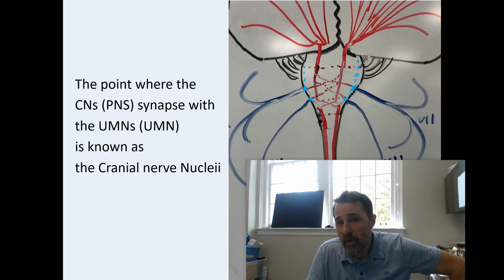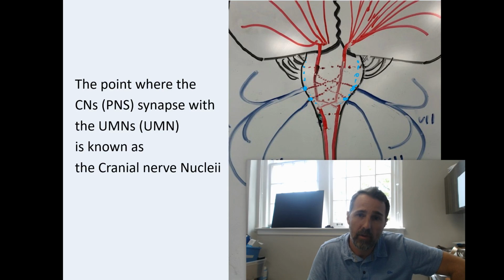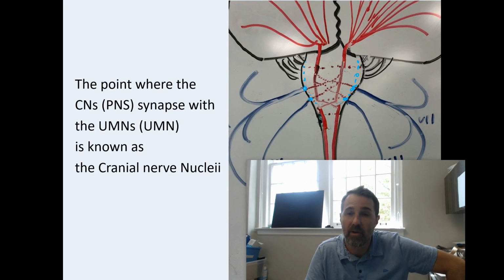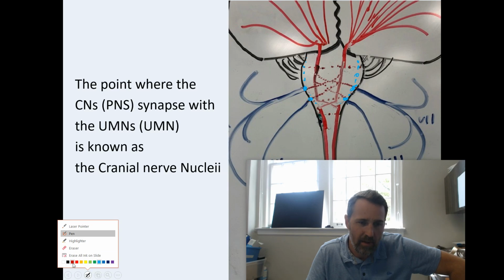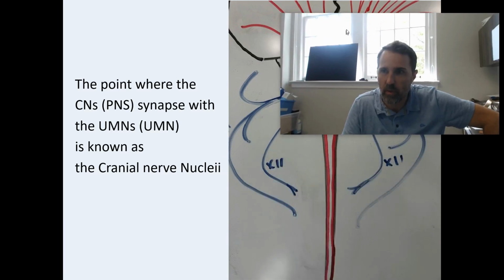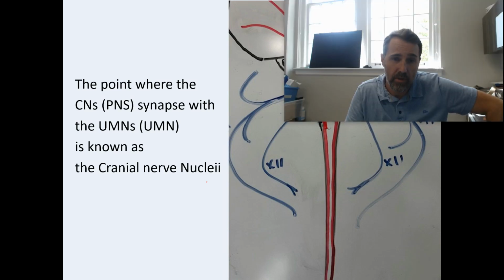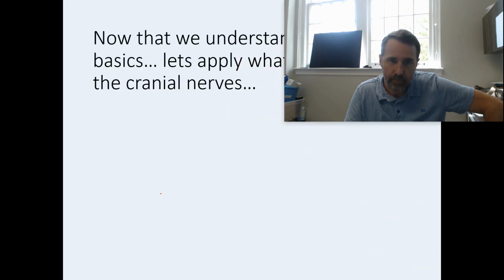And if the cranial nerve nuclei are the point of connection between the upper and lower motor neurons, then you're going to have lower motor neuron damage when you damage the cranial nerve nuclei, because that's where the lower motor neurons connect. So you're going to have some outcomes associated with lower motor neuron lesion, meaning you're going to have flaccidity.